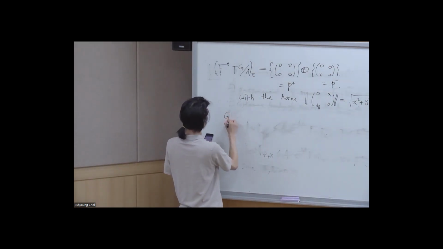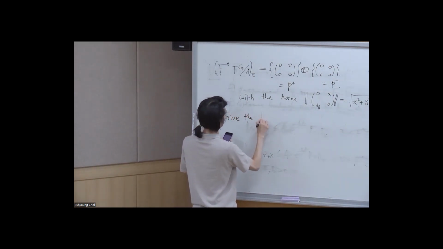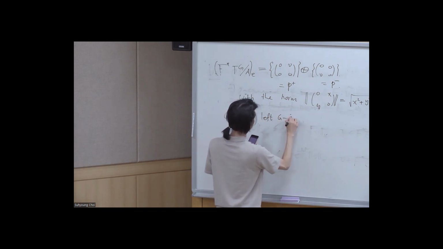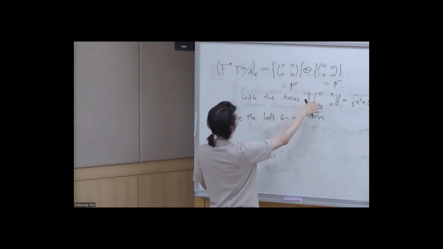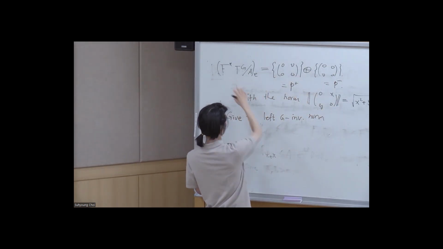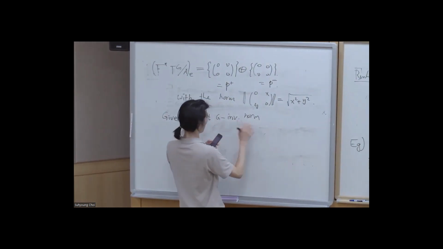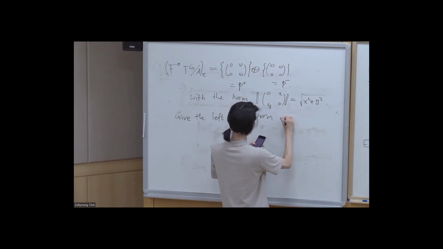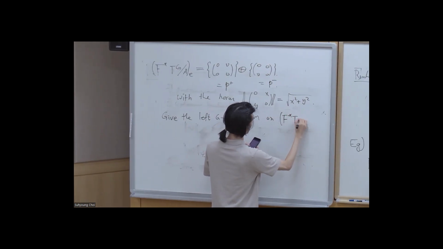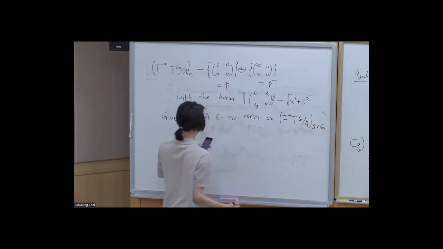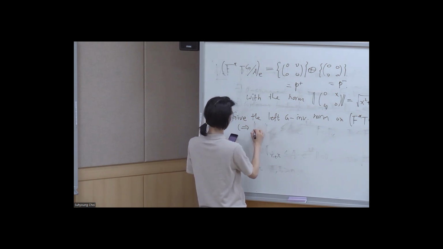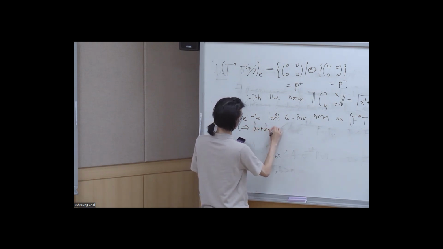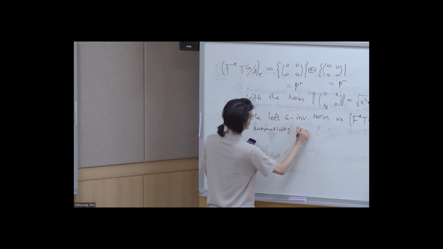Then you give a left invariant norm, just translating all these pictures everywhere by left multiplication. And then this becomes automatically equivariant.